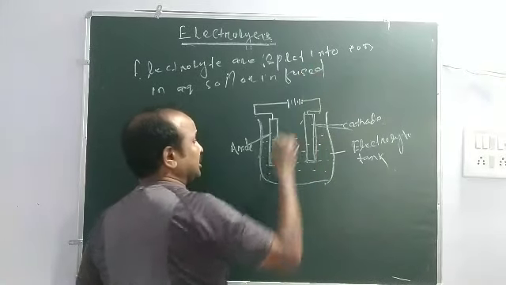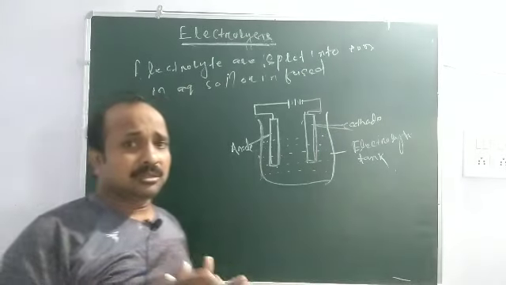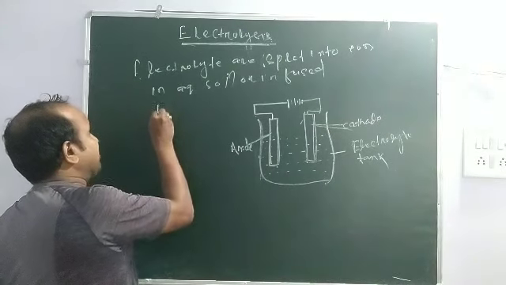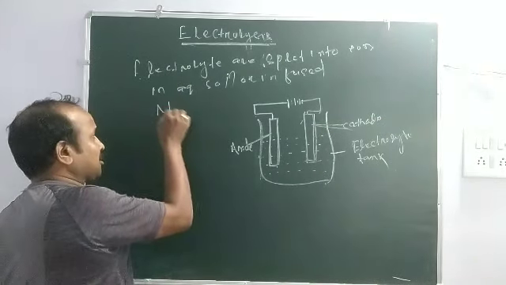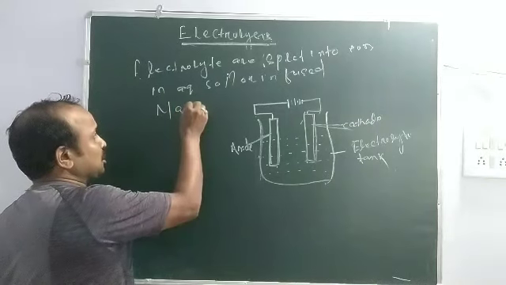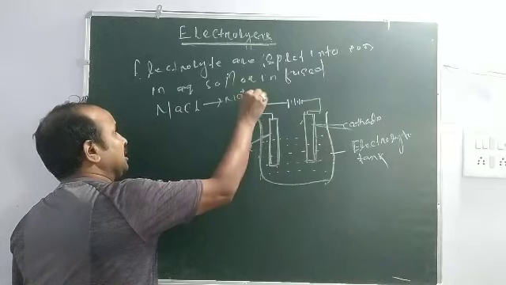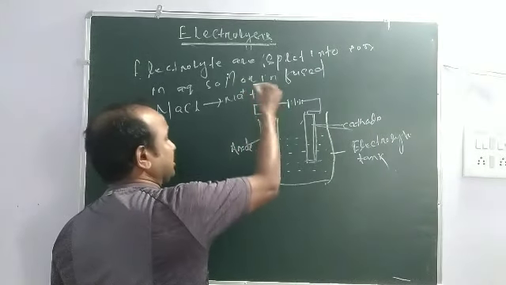We know that when NaCl is dissolved in water, it splits. Suppose the electrolyte is NaCl in aqueous solution, then NaCl splits into Na plus and Cl minus.